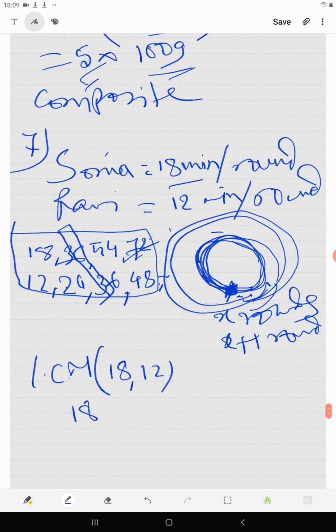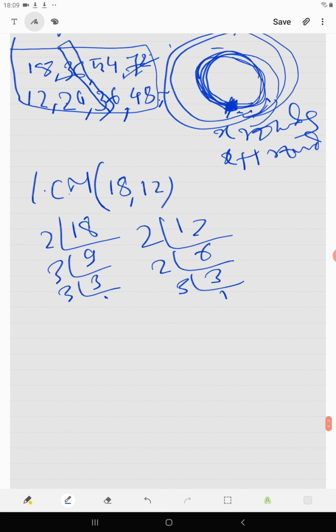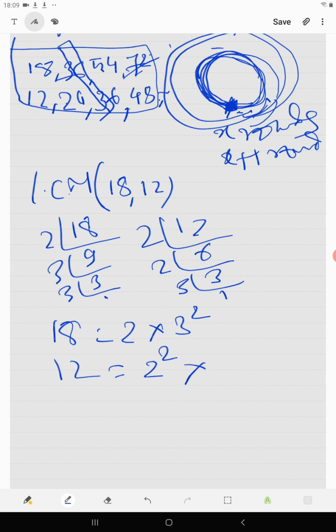So let's do 18: 2 nines are 18, 3 threes are 9, 3 ones are 3. Now 12 can be represented as 2 sixes, 2 threes, 3 ones. So 18 can be represented as 2 into 3 square, and 12 can be represented as 2 square into 3.